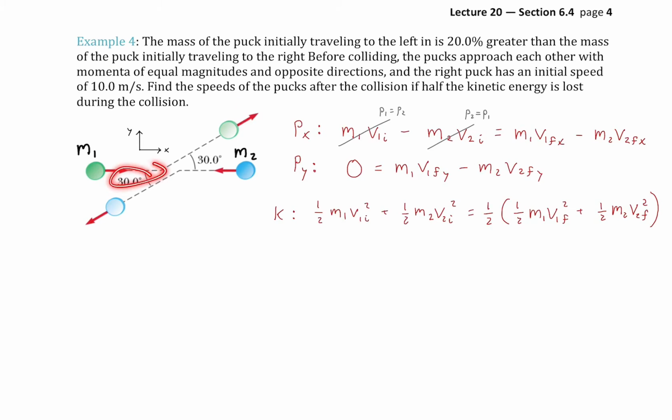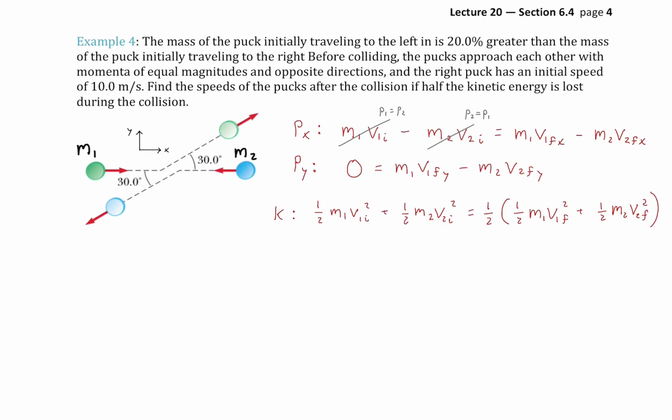We're given both the final angles. So even though we have three equations here, it's what's called an over-resolved system because we don't need all three equations, since we don't have three unknowns, but it still is going to be useful to have all three. Furthermore, we are told that their initial momenta are equal in magnitude.